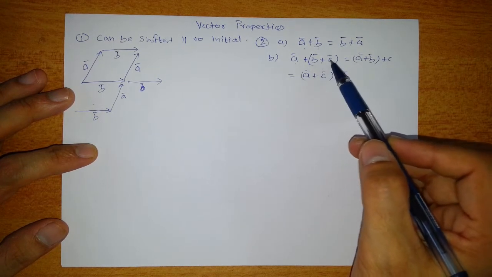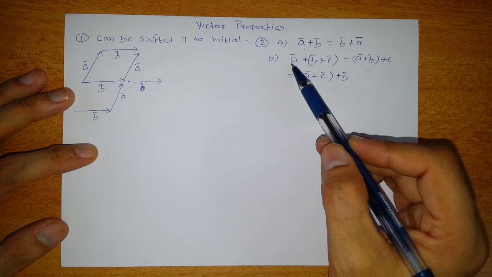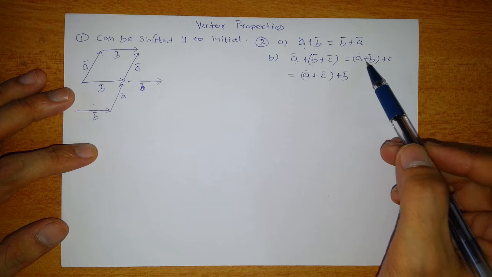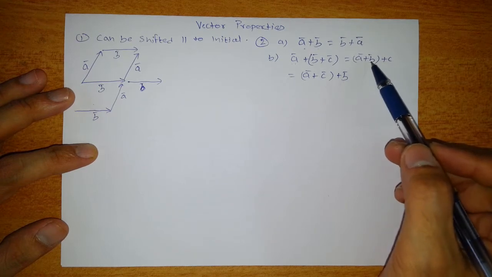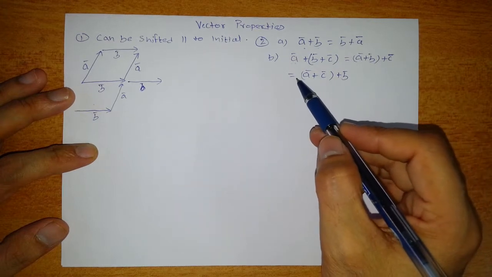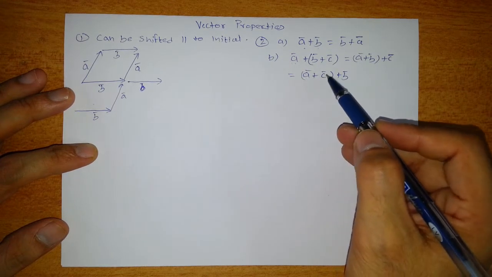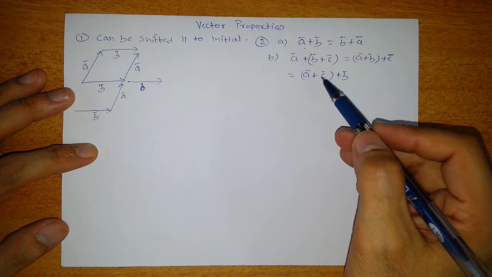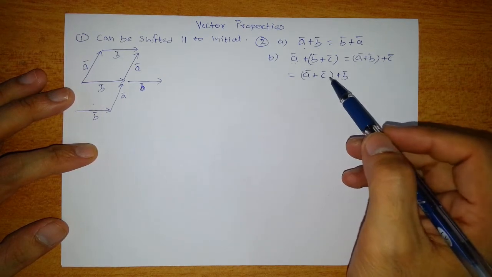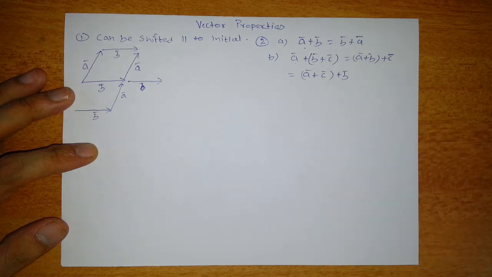Now we are adding B plus C and then adding it to vector A. This will be the same if we change their order. If we add A and B first, then add it with vector C, and similarly, if we add A and C first and then add it to B, all these will give the same resultant.